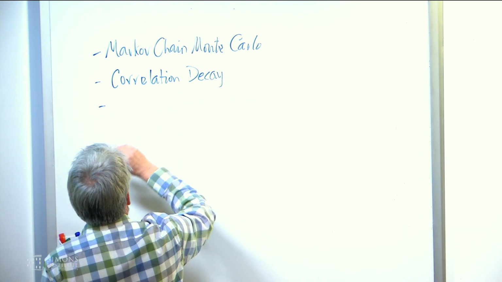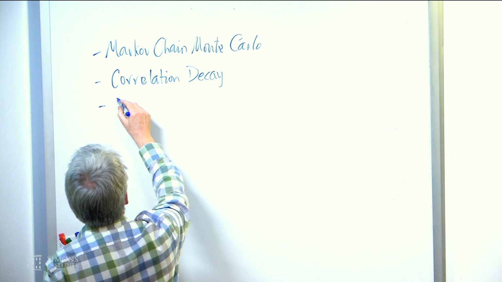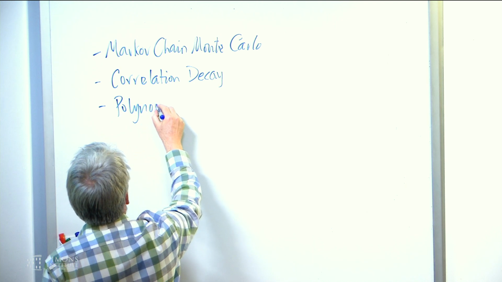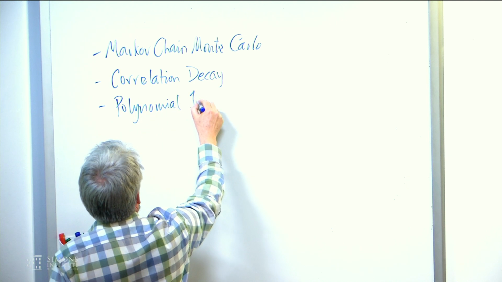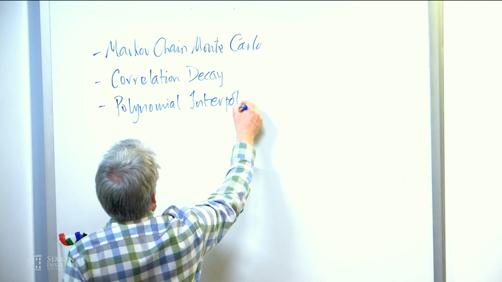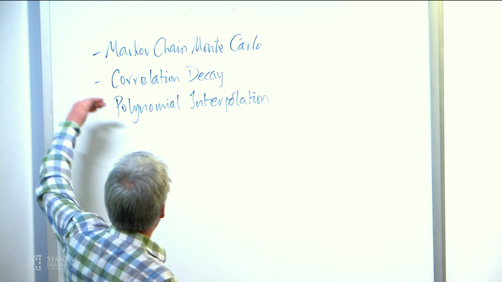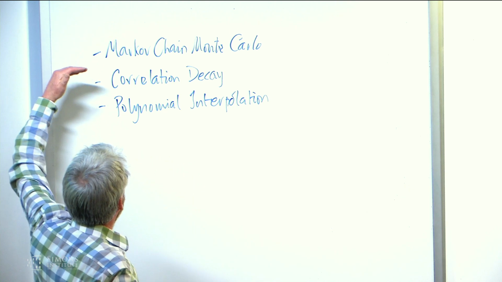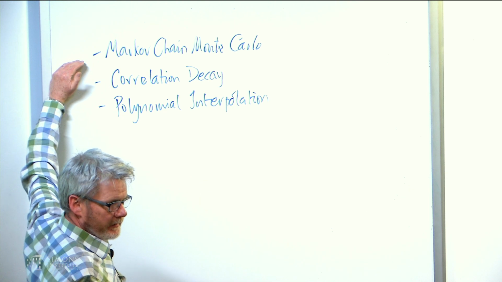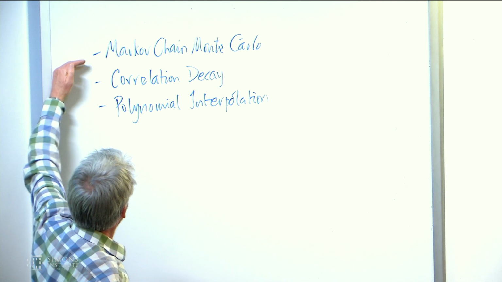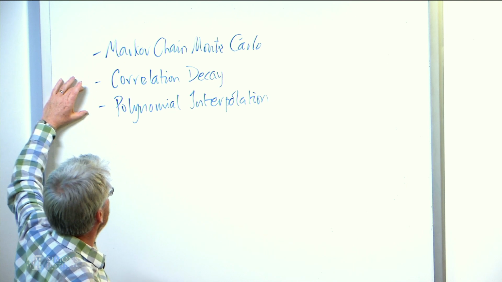And there's algorithms based on polynomial interpolation. Now, the first, as its name suggests, is a randomized class of algorithms. These two are both deterministic.